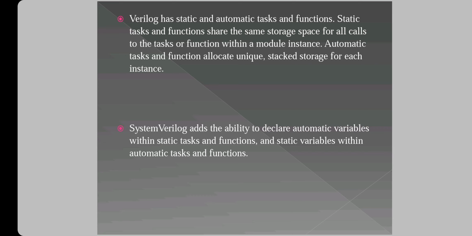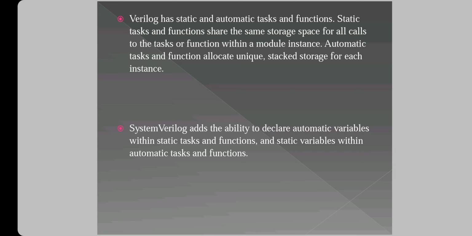So in a static environment, whenever you call a function or a task, it is going to create only one object, I mean one storage space for that. Whenever you call the task or function again and again, the same storage will be updated with the new values, but it is not going to create any new storage.